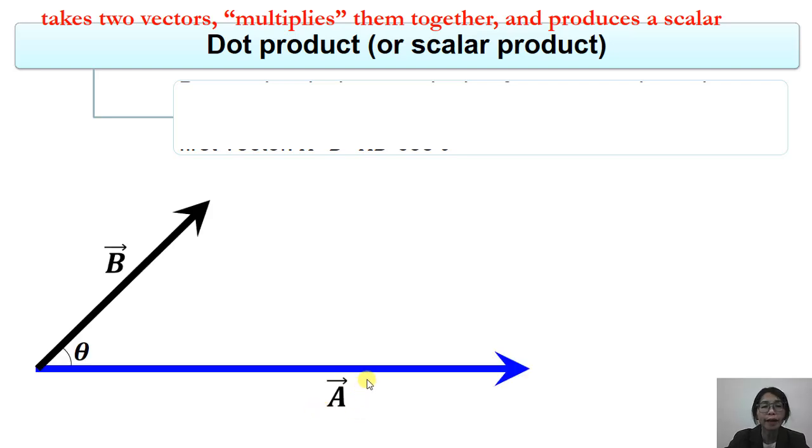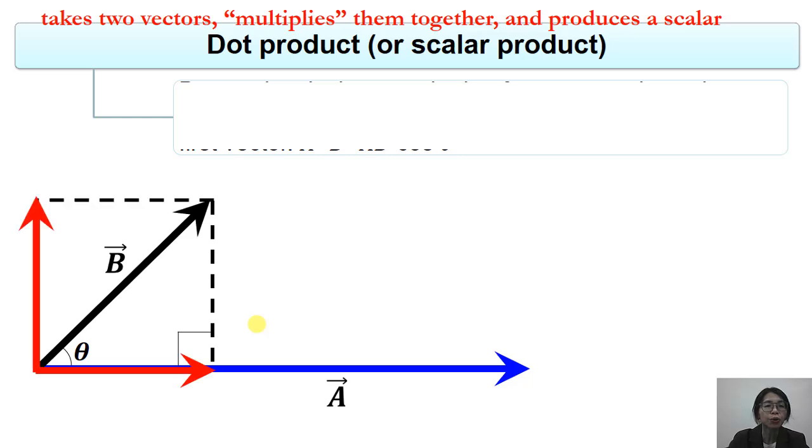For example, I have vector A and vector B, whereby the angle between the two vectors is theta. For vector B, we can resolve it into two perpendicular components. Recall the prior knowledge of how we separate a vector into its x and y directions.